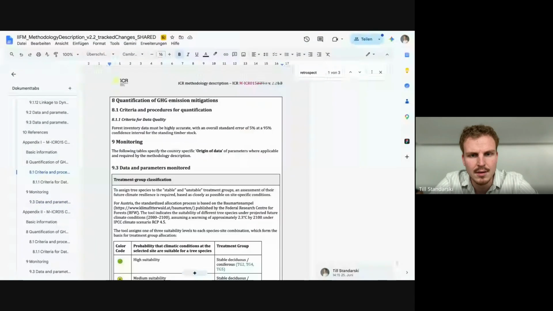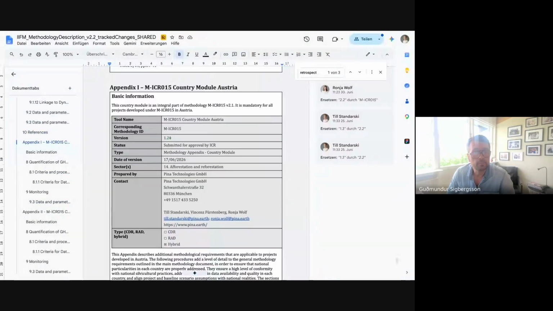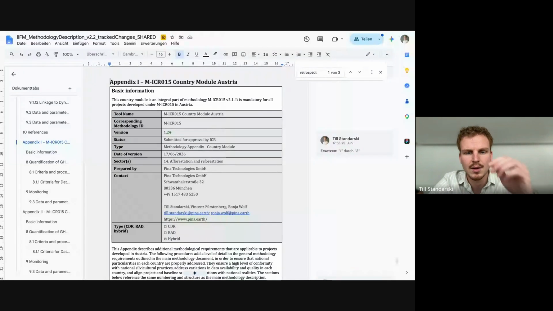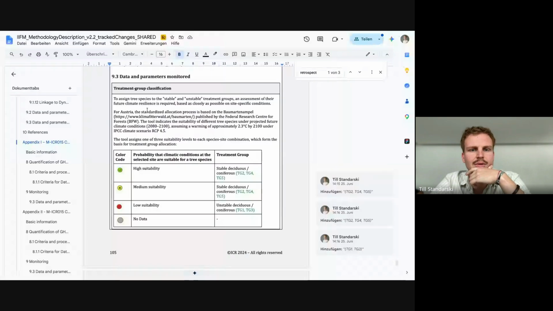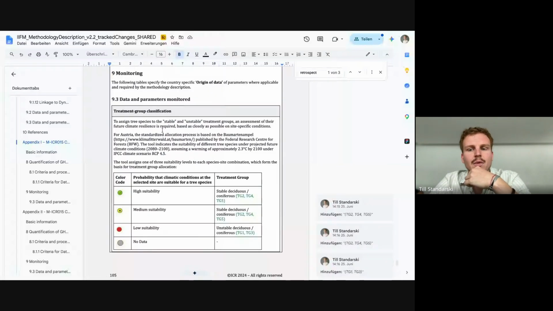Let me jump into the methodology description. It's the Austria country module, and for example, here we have the first part, the treatment group classification, which just defines which data source we're using.